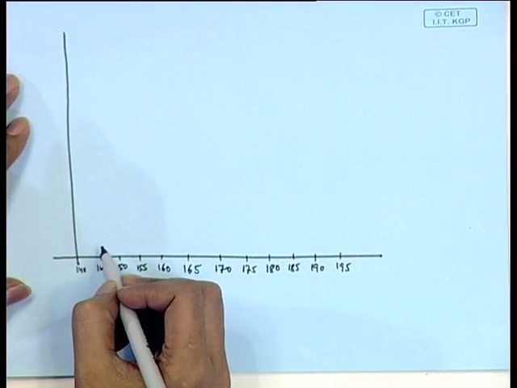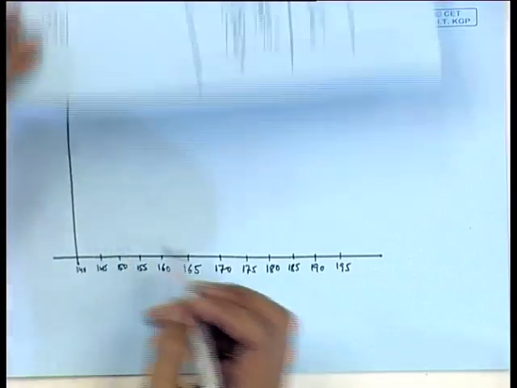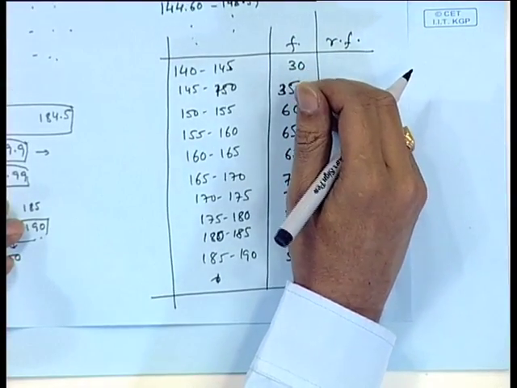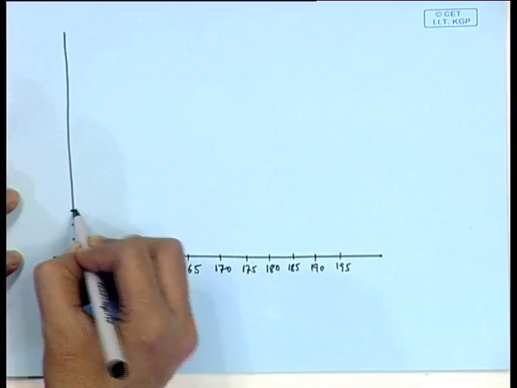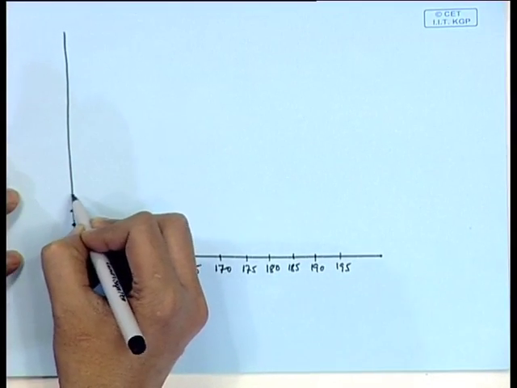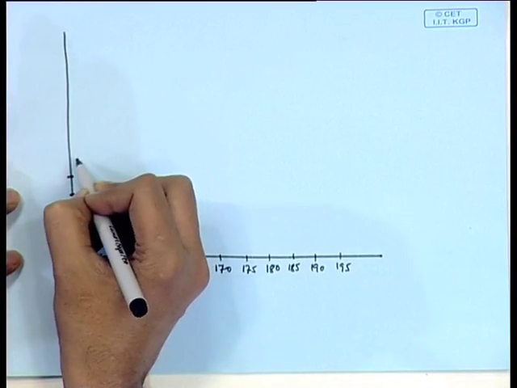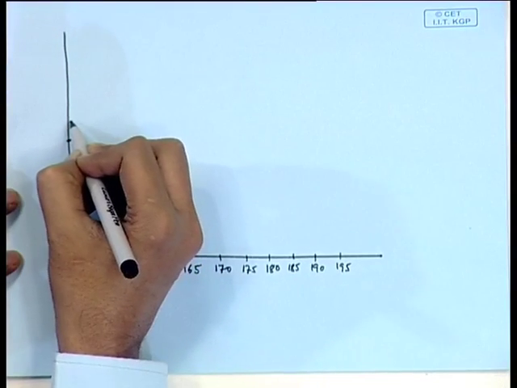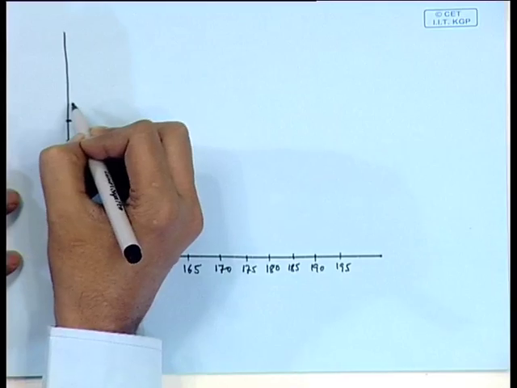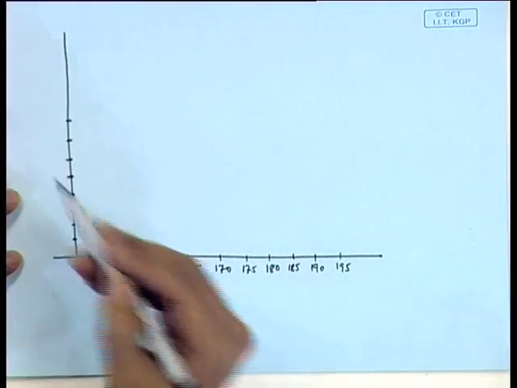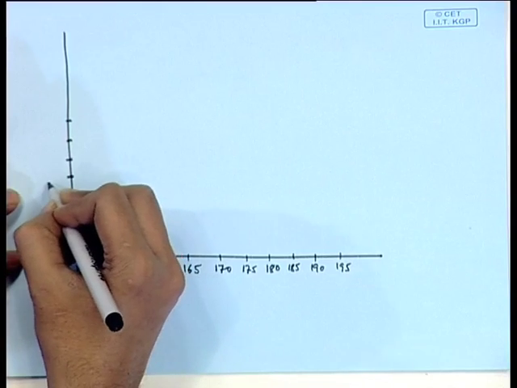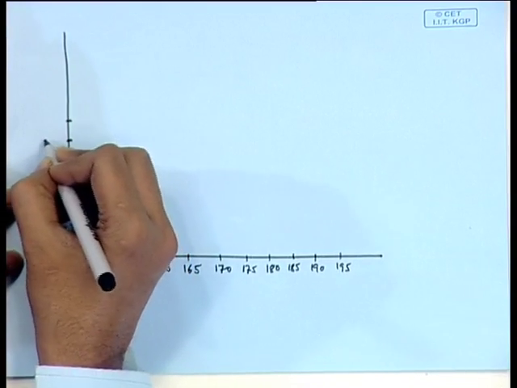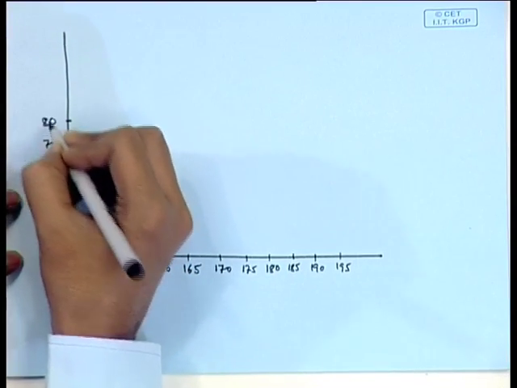Here we have to make the scale first. We look at the values which are there, 30, 35, 60 and so on. So, if we make the scale like 10, 20, 30, 40, 50, 60, 70, 80, the maximum value is 80. So, we may draw like this: 10, 20, 30, 40, 50, 60, 70 and 80.